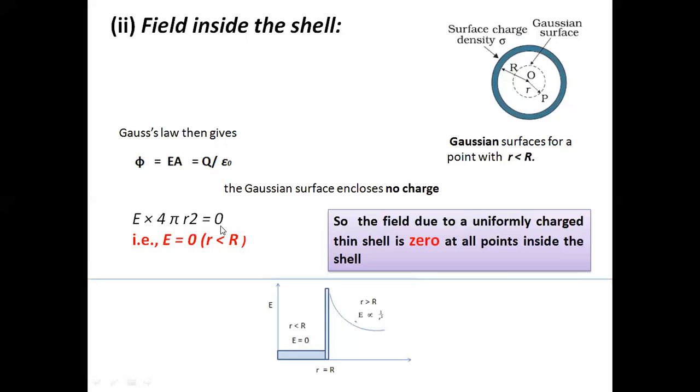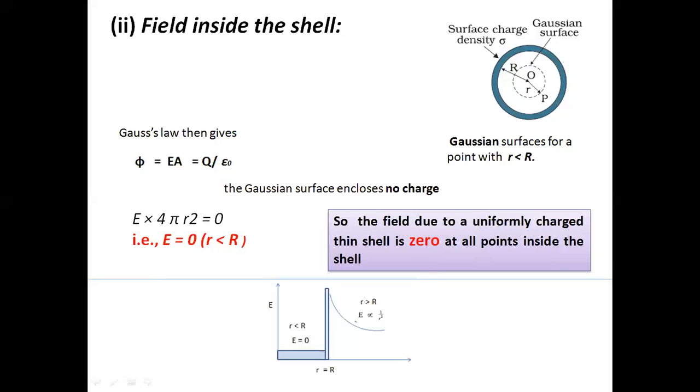So we can write E is equal to 0, where small r is less than capital R. That means the field at each and every point inside is 0. So the field due to a uniformly charged thin shell is 0 at all points inside the shell.